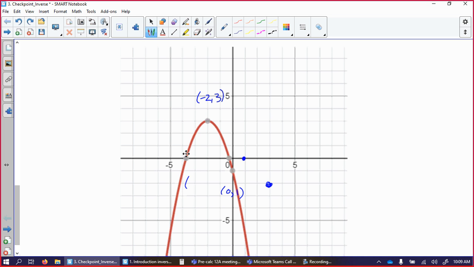These are very -4.8-ish and 0, 0 and -4.8. What's that? -0.4 is going to map to somewhere over here, 0.4.